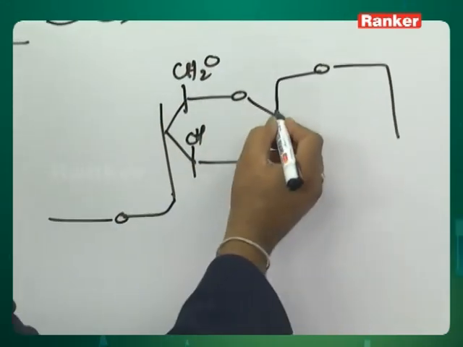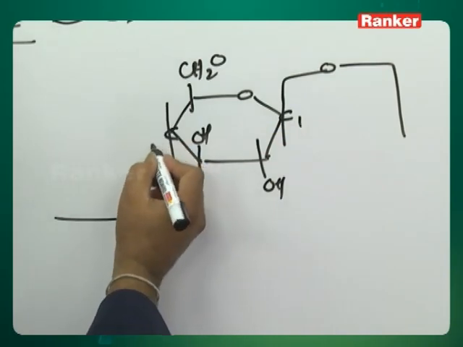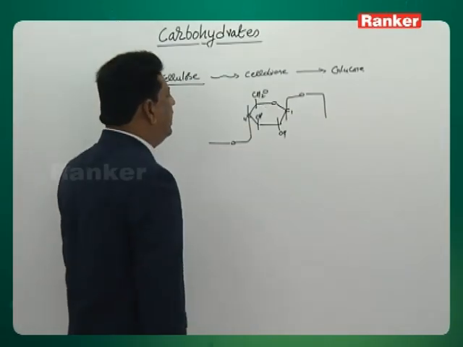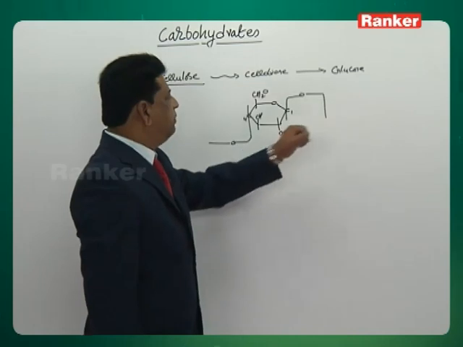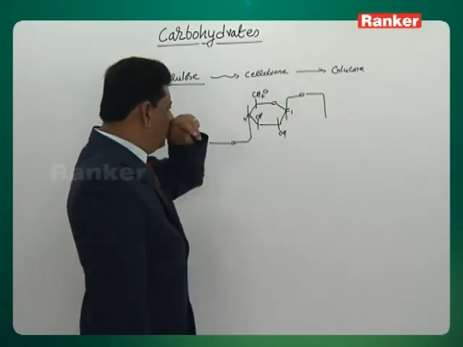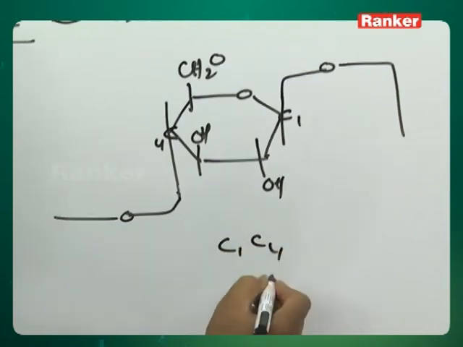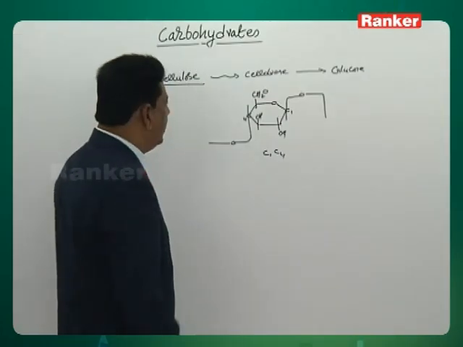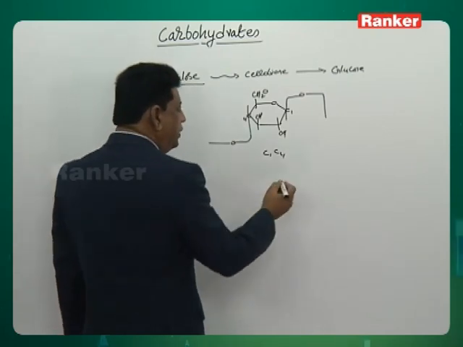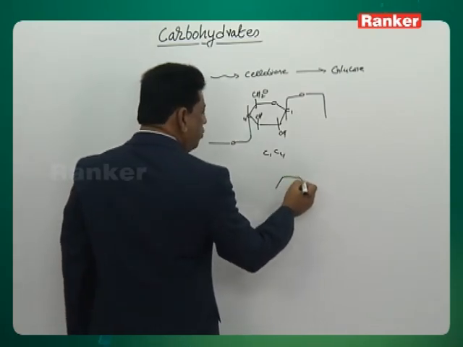Like this, the first carbon of one glucose is linked to the fourth carbon of another glucose. This is called a C1-C4 linkage.